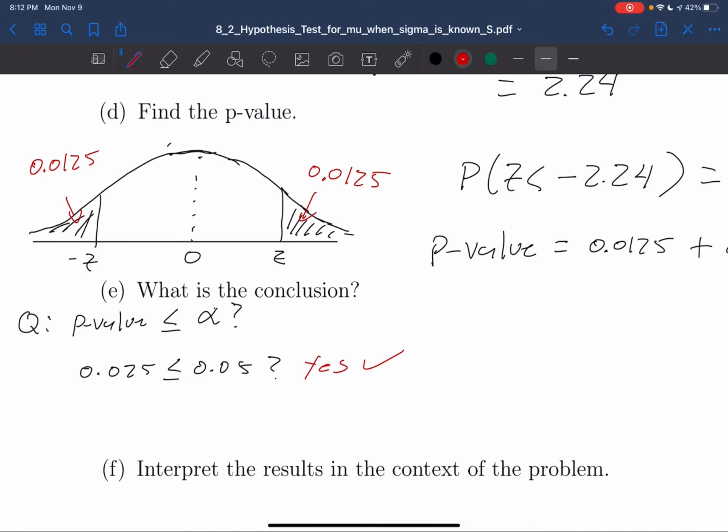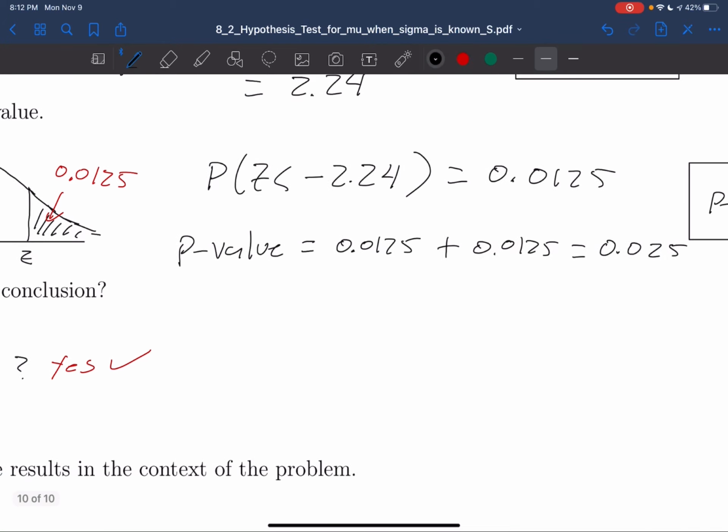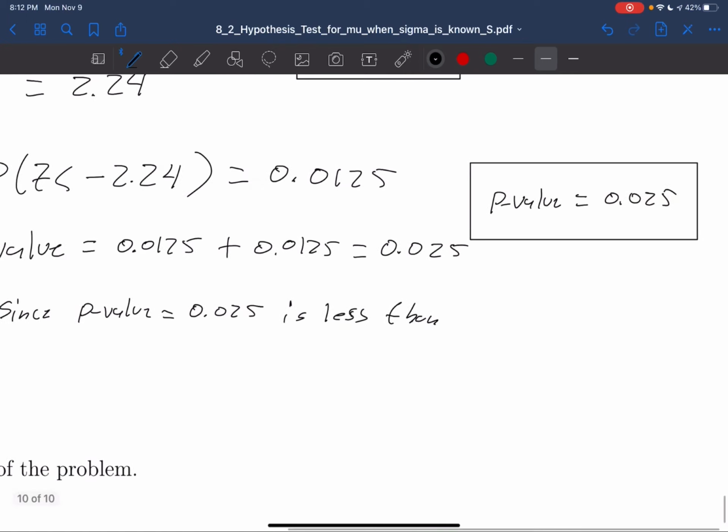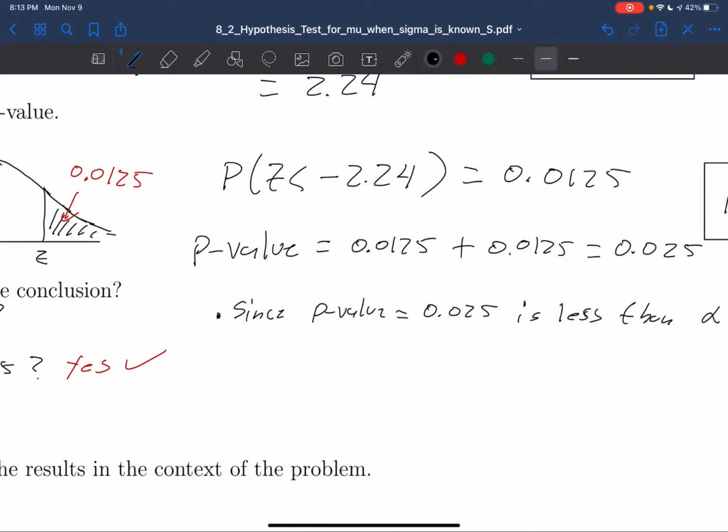So let me just write this in words. Since the p-value, which is equal to 0.025, is less than our significance level alpha, which is 0.05, we reject our null hypothesis.